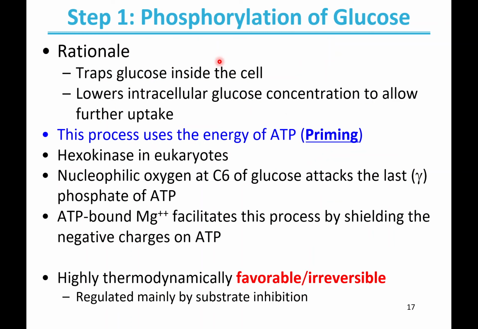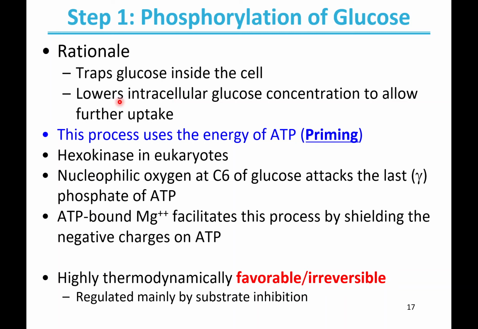Okay, the rationale behind adding a phosphate to glucose in this step is that the glucose by itself can very freely go in and out of cells. When you add a phosphate group to it, what it does is it traps that glucose inside the cell. Right? It also, you're changing the molecule from glucose to glucose 6-phosphate.